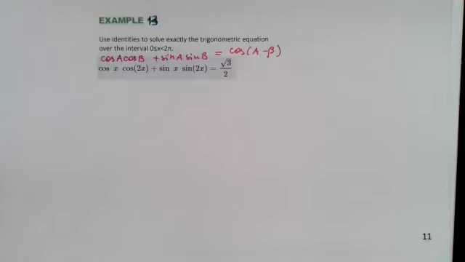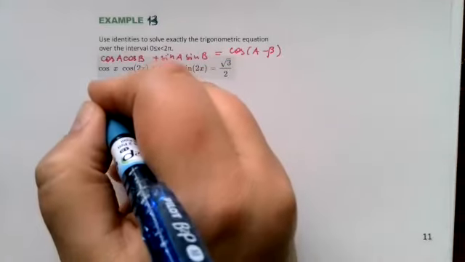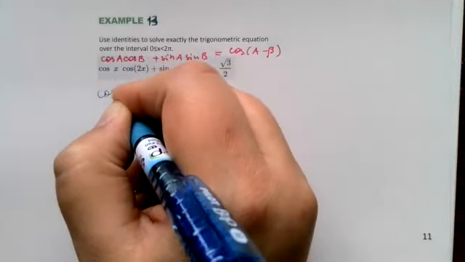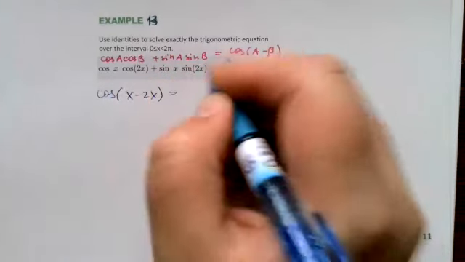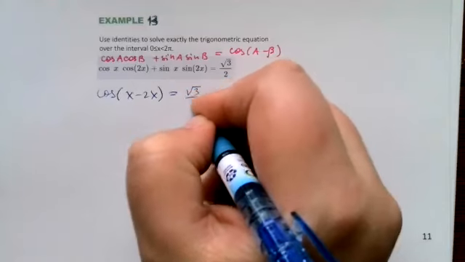So what are we going to get? On this side, we have cosine of x minus 2x equals square root of 3 over 2.